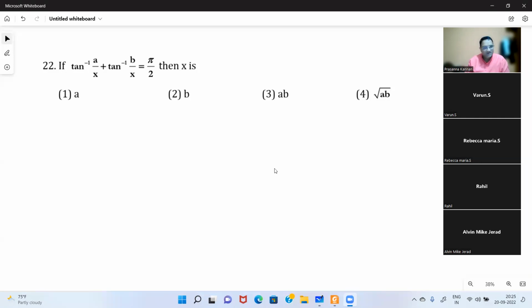Or one more way is, see, I have tan inverse of a by x plus tan inverse of b by x. How can I write in terms of cot inverse?